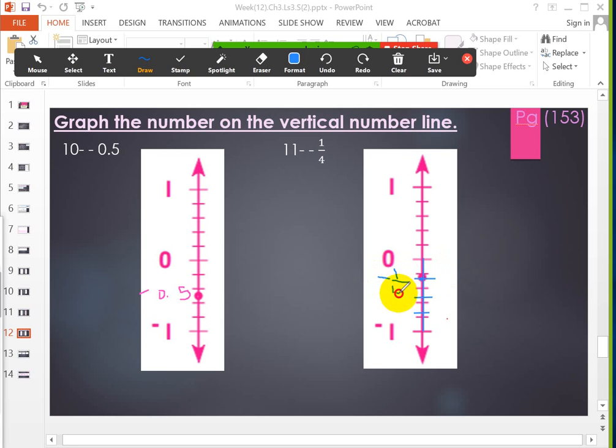So the easiest way to know where negative 1 over 4 is, is to divide the distance between 0 and negative 1 into 4 equal parts and choose the first one. If you finish, please type 1 in the chat.